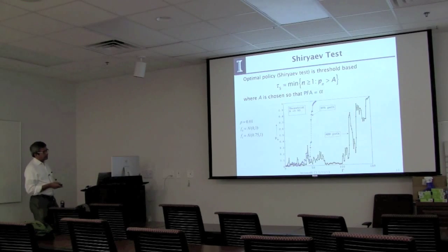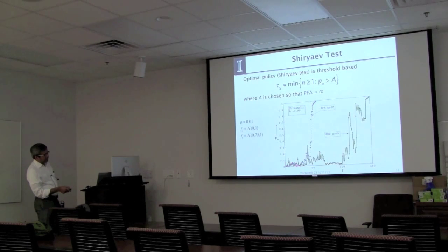Okay, and here's a typical evolution of the statistic, and we saw a picture similar to this before. This is a case where rho was 0.01, and these are Gaussian observations with different mean before and after change, and a threshold of 0.99 in this case.